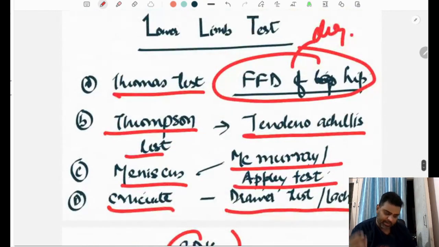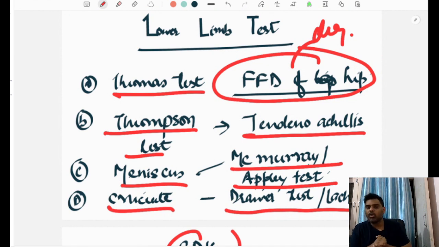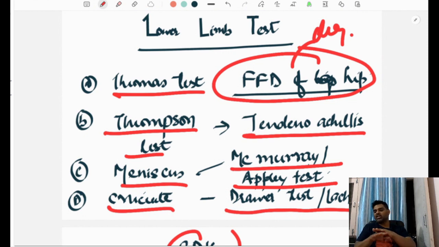Now, let me explain what the Thomas test is. Thomas test is basically for flexion deformity of the hip. So, what you do, you put the patient on a table, and you will ask the patient to lie down on the table with both limbs touching the ground. You will ask, for example, to flex the right lower limb completely at the hip joint.